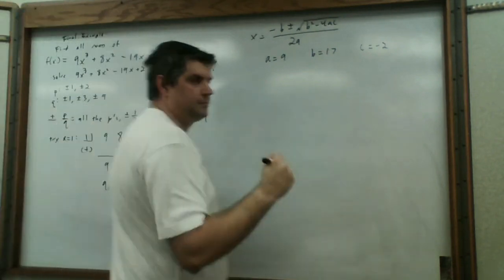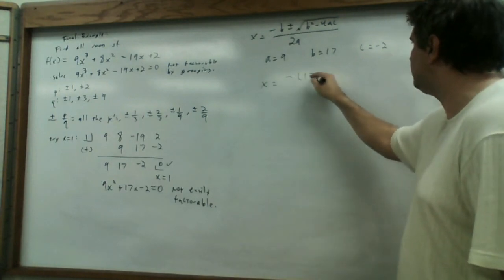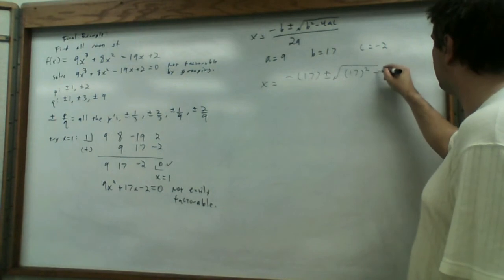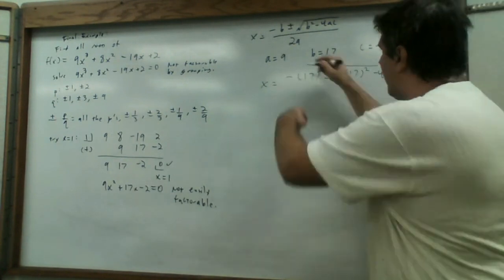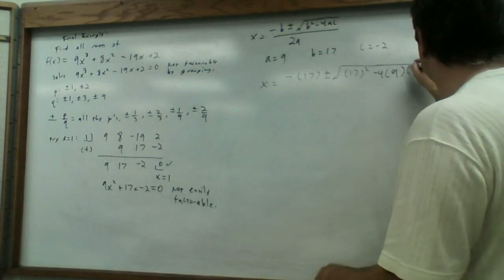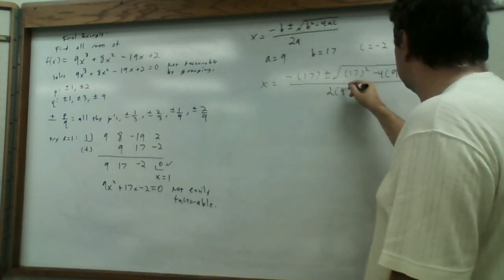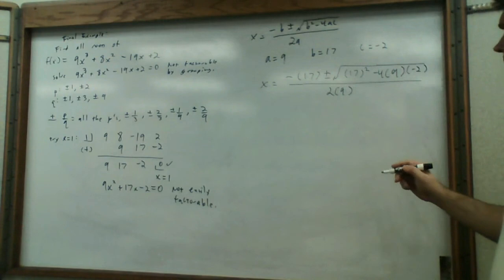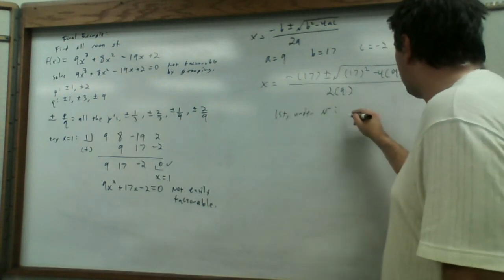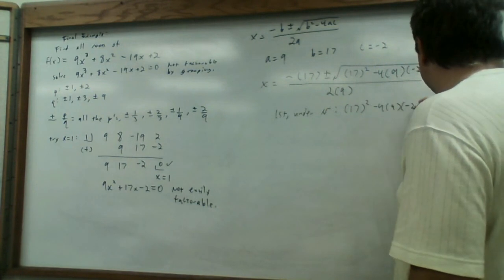So x equals negative 17 plus or minus the square root of 17 squared minus 4 times 9 times negative 2, all over 2 times 9. First, under the radical, I got 17 squared minus 4 times 9 times negative 2.